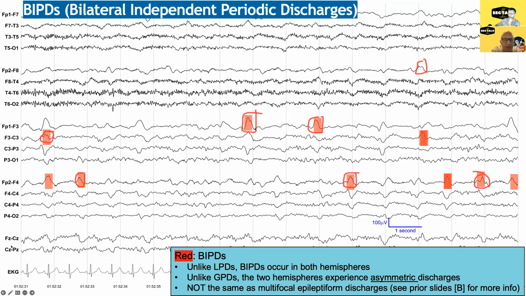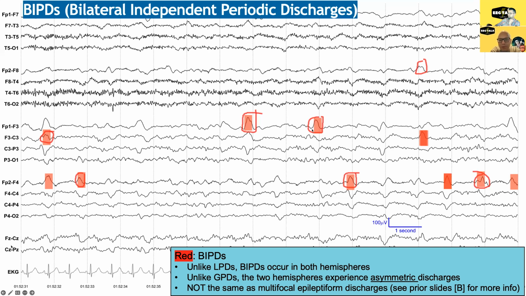So let's look at the left side first. So the FP1, F3, yeah, there. So I think you have to squint a little bit to see that these are continuing periodically, right? It looks like sometimes it's easy to find them, and then there are just hints in between. Yeah. But we'll say that this is periodic at maybe 0.5 hertz on the left.